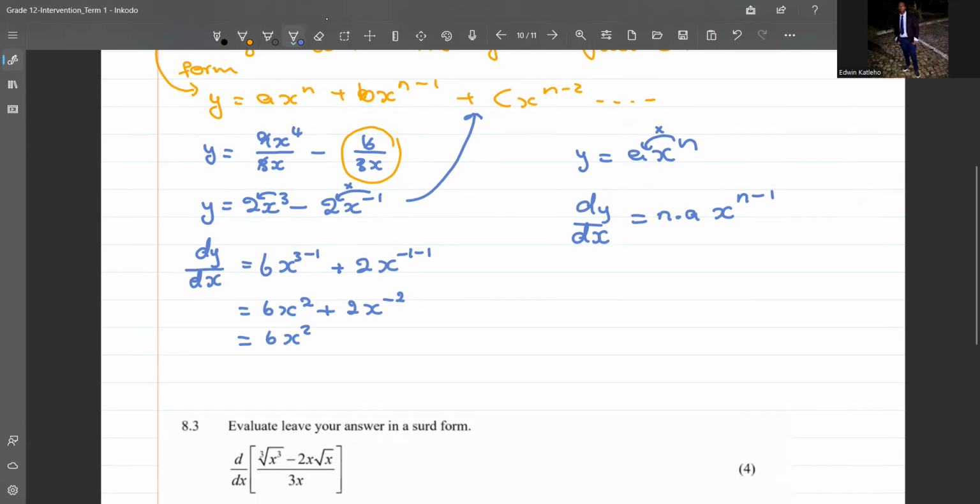The 2 does not move with x to the power of -2. So 2 becomes your numerator, and x to the power of -2 becomes x to the power of 2 in the denominator. So this is how you would find your answer. Try as far as possible to leave your answer with a positive exponent, unless the instruction states otherwise.